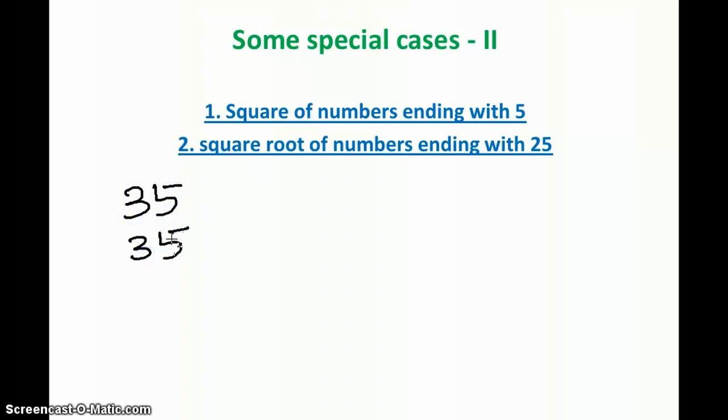The previous section said that when the numbers on the unit place add up to 10, that is the case here: 5 plus 5 is 10, and the other numbers remain the same, of course, because we are finding the square of the number. So the technique remains the same. You write 5 5 is 25 here, and you take the next number of 3, which is 4, and put here 4 3s are 12. So 1225 is the square of 35.